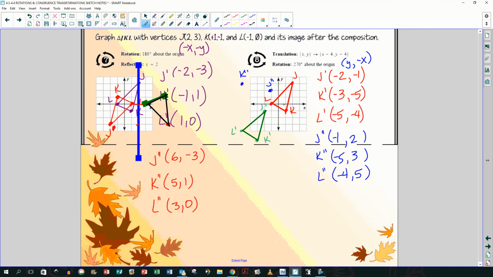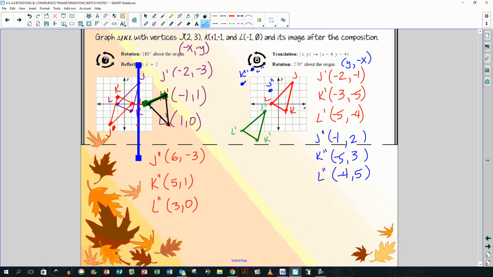So -5, 1, 2, 3, 4, 5. 1, 2, 3. And then -5, 3, and then -4. 1, 2, 3, 4, 5, which is like out here. All right, so there's my L double prime. I guess it just looks weird because my picture is not accurate.